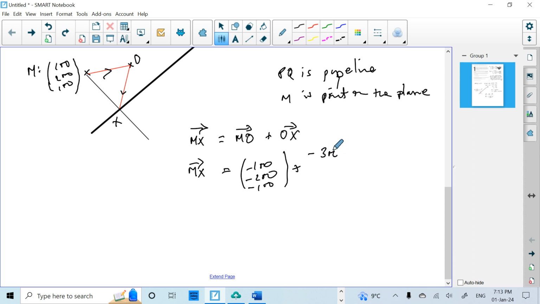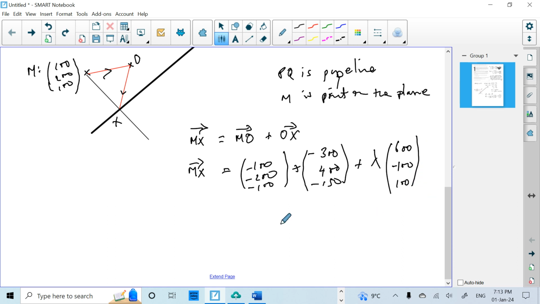So minus 300, 400, and minus 150. And I've got to add lambda times, of course, 600, minus 100 and 100.